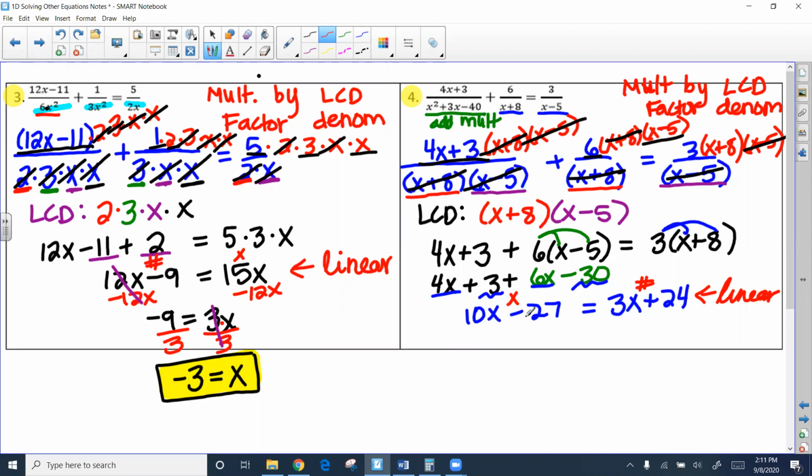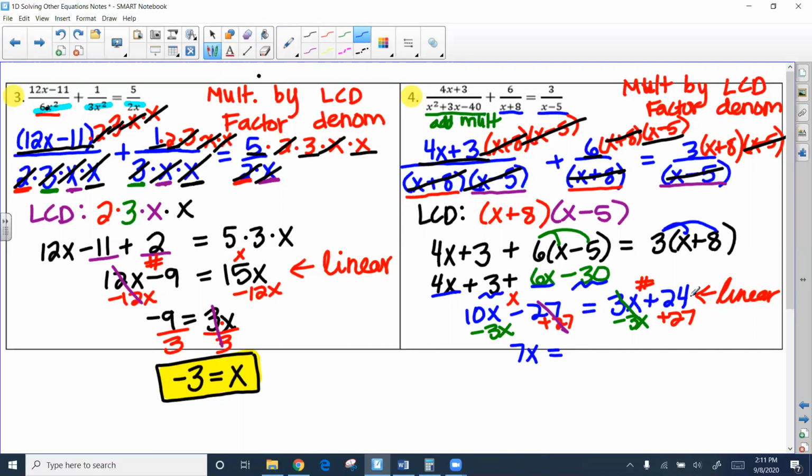On the left side, I want to get rid of minus 27, so I'm going to add 27 to both sides. I'll get rid of that. On the right side, I want to get rid of the 3x, so I'm going to subtract 3x from both sides. That'll get rid of that. Then on the left side, I have 10x minus 3x, that'd be 7x.